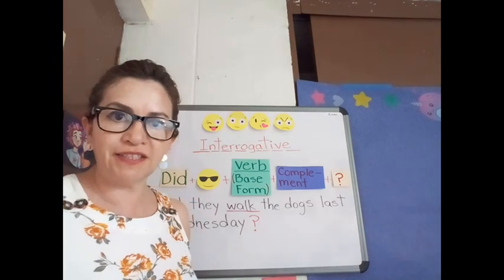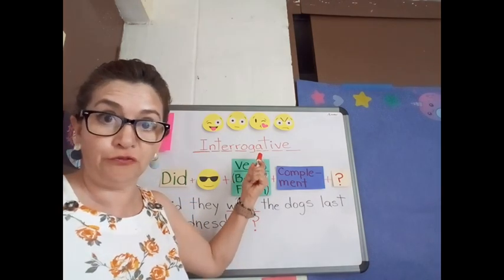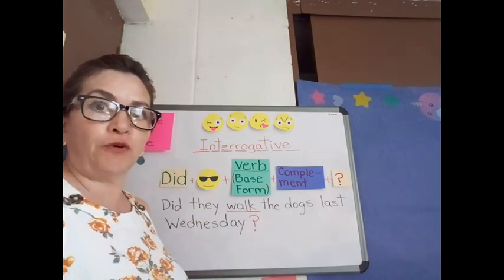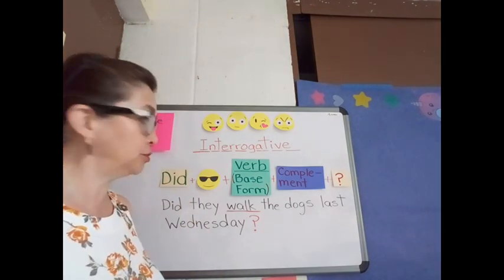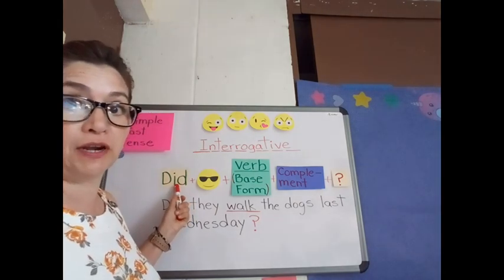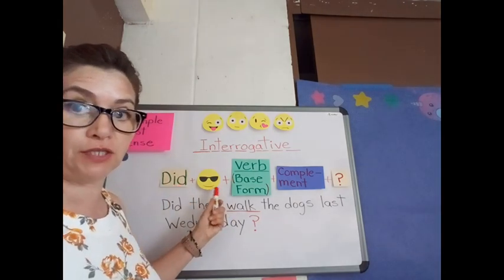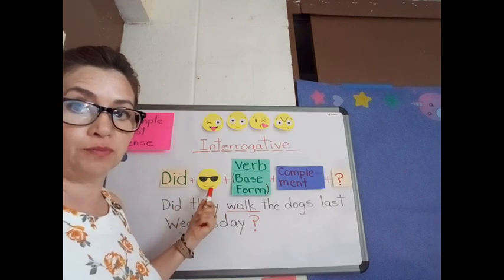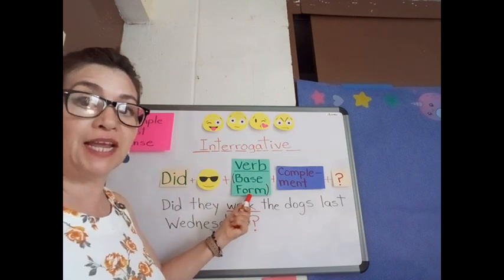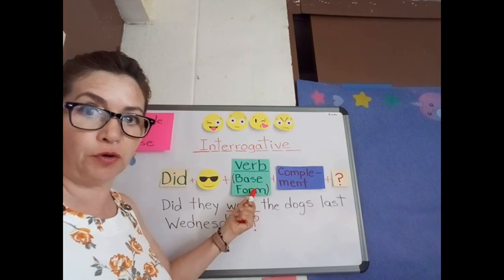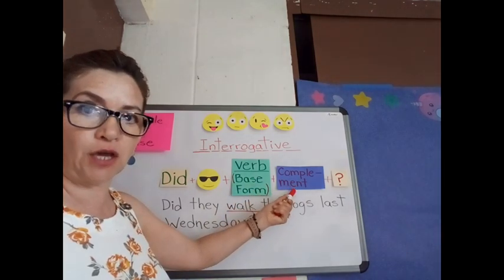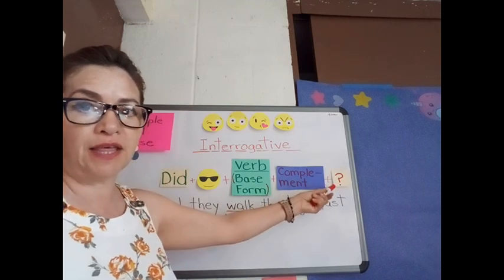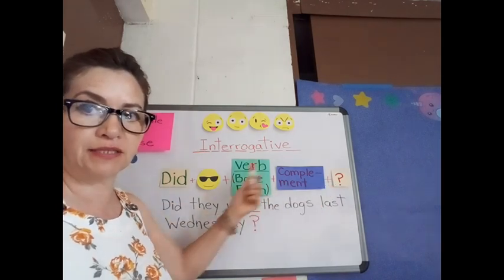The interrogative or question form is formed like this. For the question form, we have to put the auxiliary verb did before the subject. Did plus subject, then again the verb in base form, the complement with the time expression, and the question mark at the end.